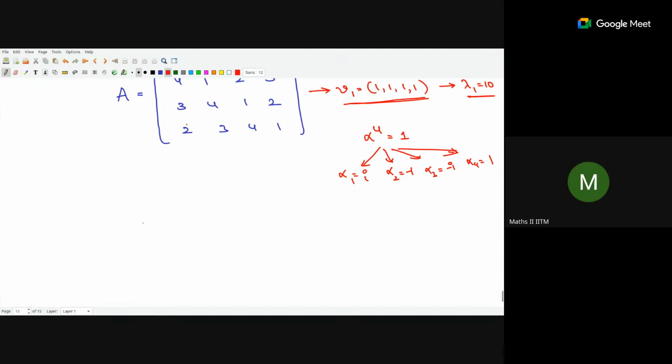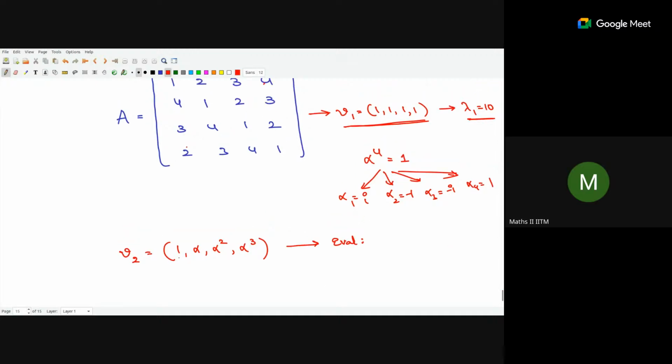The other eigenvector v2 will be of the form 1, alpha, alpha square, alpha cube. This will be one eigenvector corresponding to an eigenvalue.